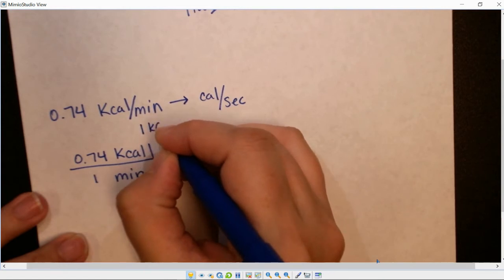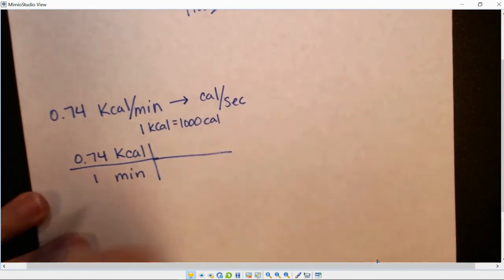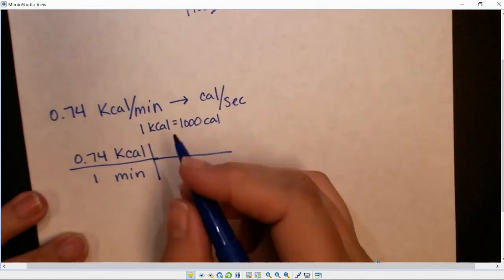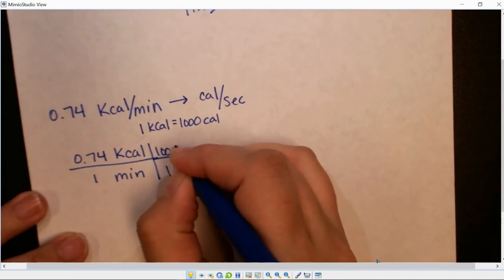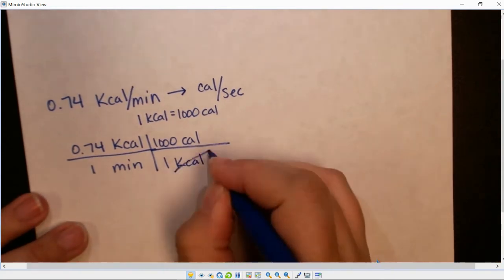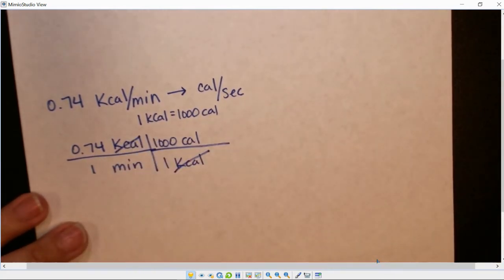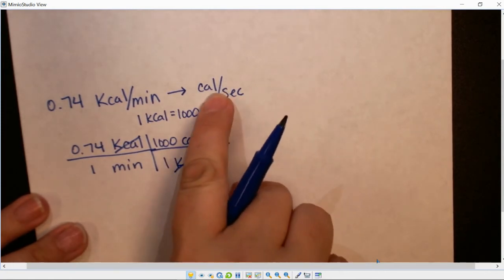One kcal is equal to 1,000 calories, the base unit. So to cancel kcal, I'll put 1 kcal on the bottom and 1,000 calories on the top. Gets rid of our kcal. So my numerator unit is what I'm trying to find, which is good.